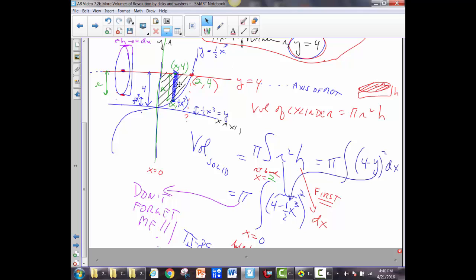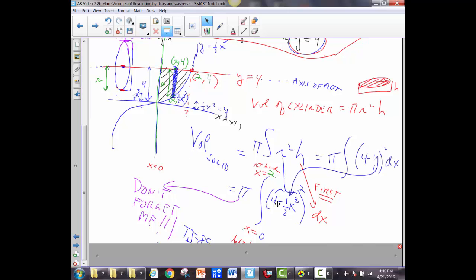So to get the length of this blue strip, you take the length from the x-axis to the line y equals 4, which is 4, and subtract from it this little height right here, which is 1/2 x cubed. So it's 4 minus 1/2 x cubed, all squared, etc.